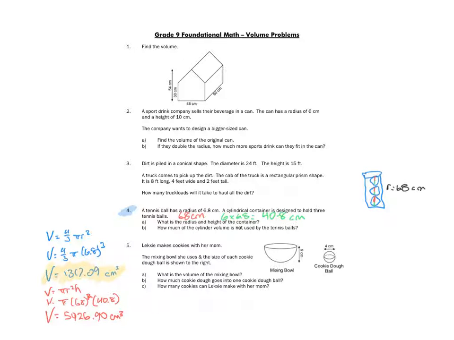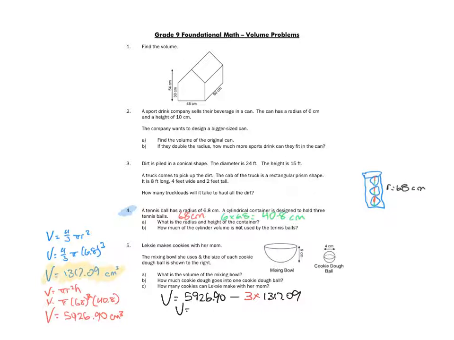There we go. Here we go, the volume is going to be, we could do this all in one step, 5,926.90 minus, and again, the key is the 3 times 1,317.09.